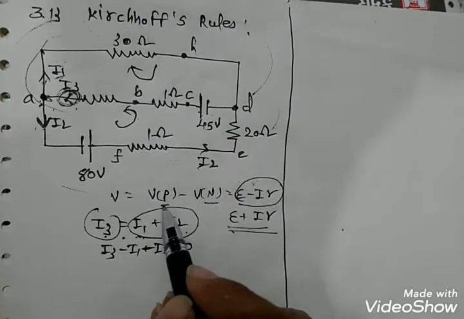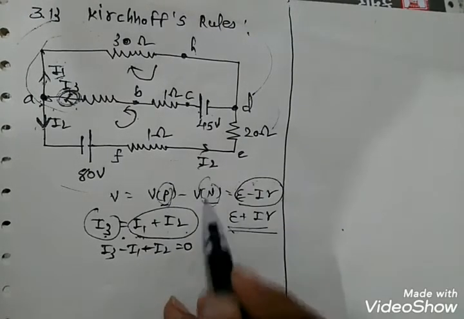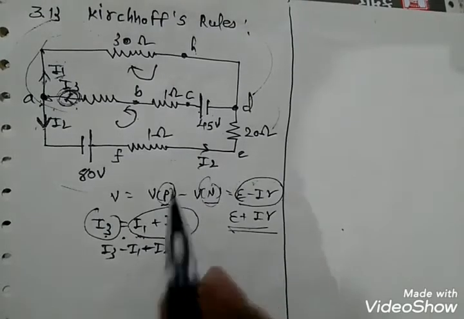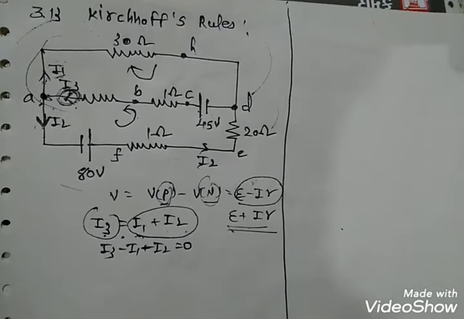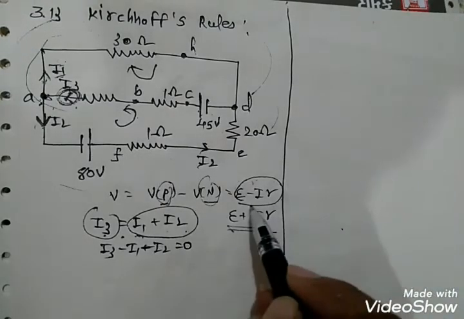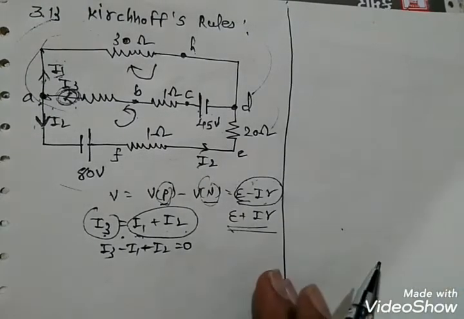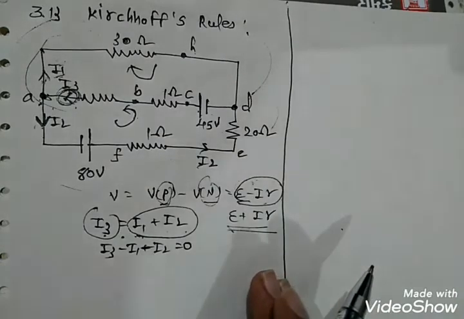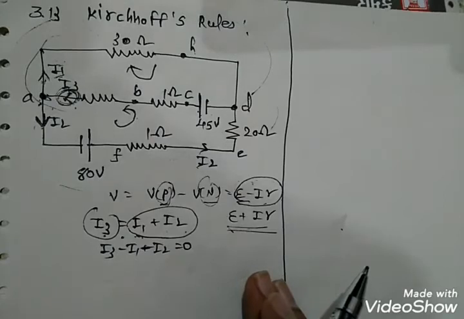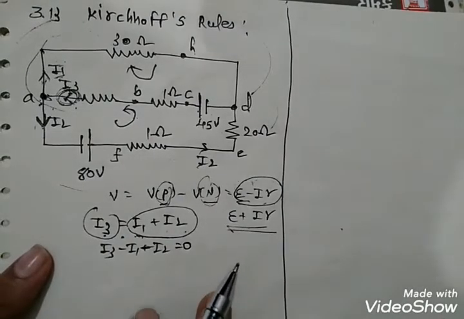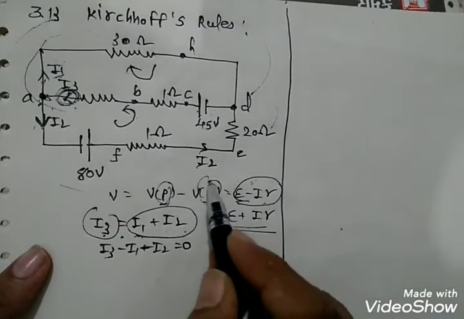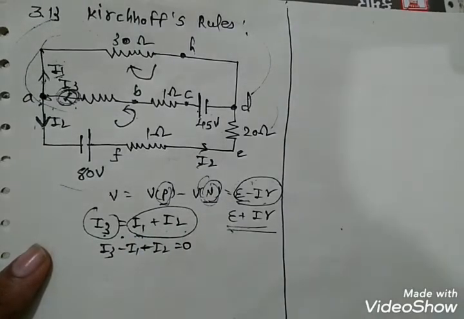The potential difference V is equal to Vp minus Vn, which is equal to E minus IR, where the current flows from the negative to the positive terminal through the cell.